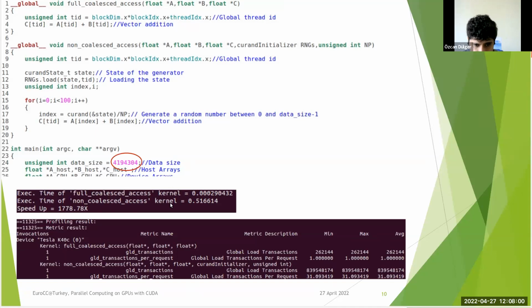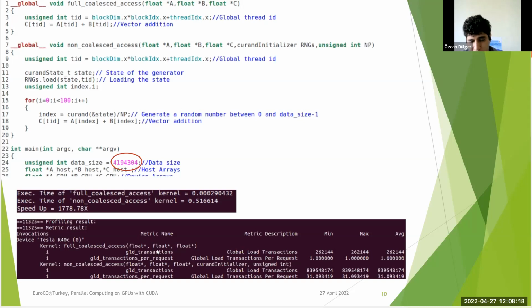There's a huge difference between them, and the speedup, as you see there, is 1778. It's a very huge result. So coalesced access to the global memory is very important in CUDA.